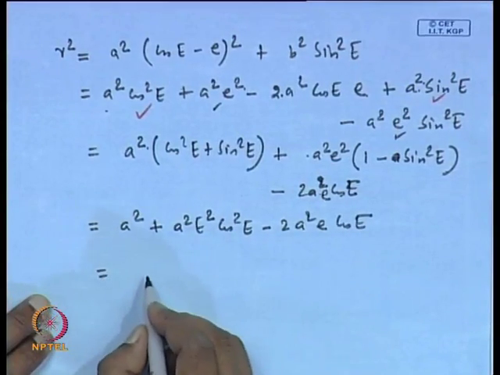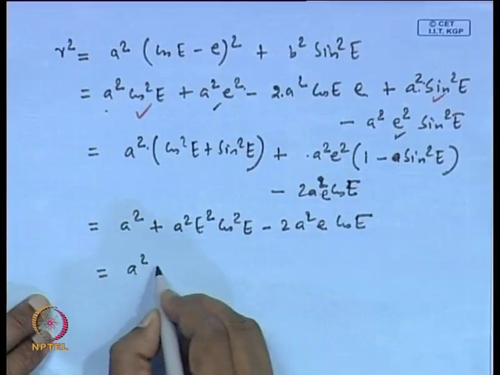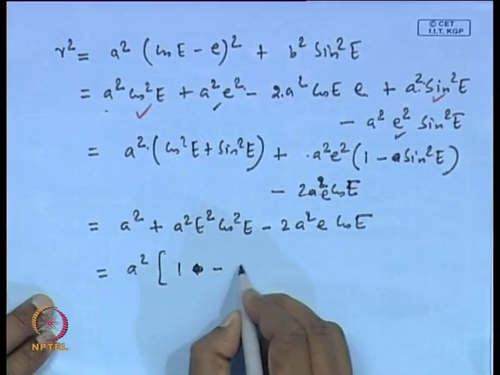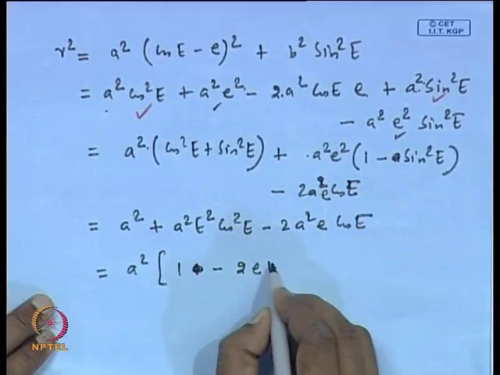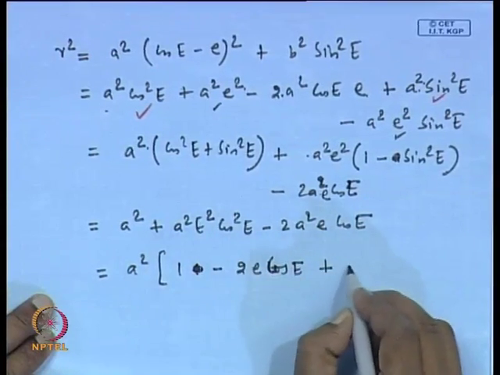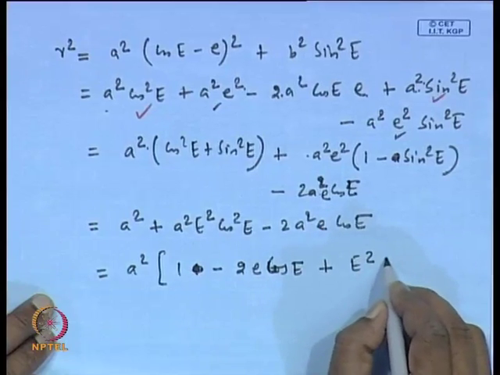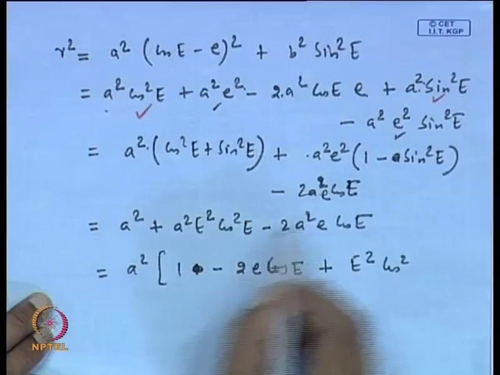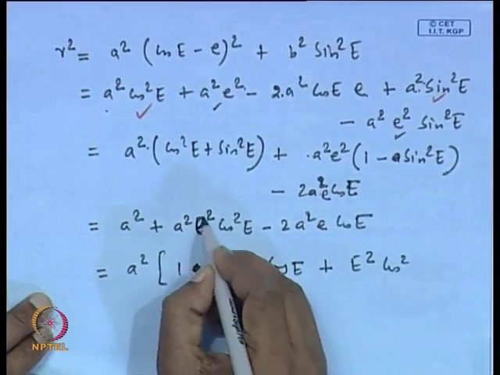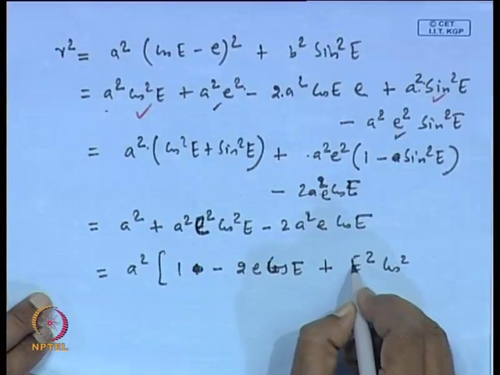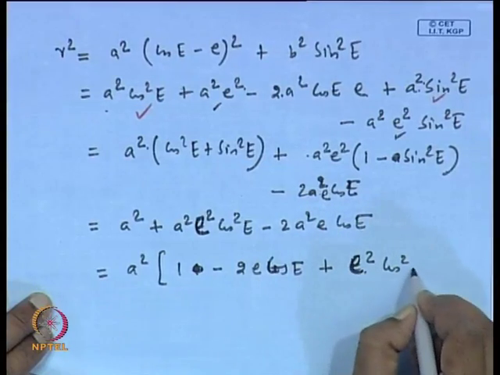So, can we write this as, taking a square outside, 1 minus 2 e times cos e plus e square cos square e, small e square cos square e.